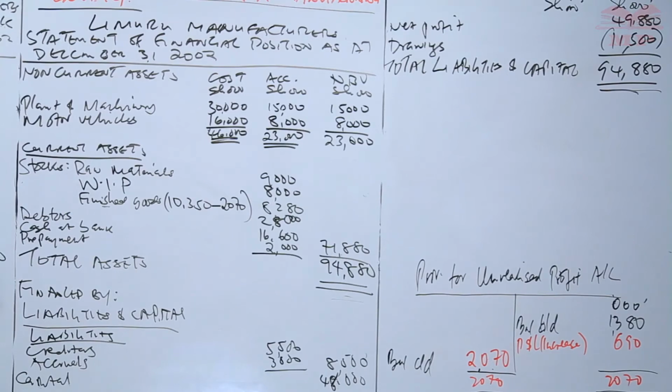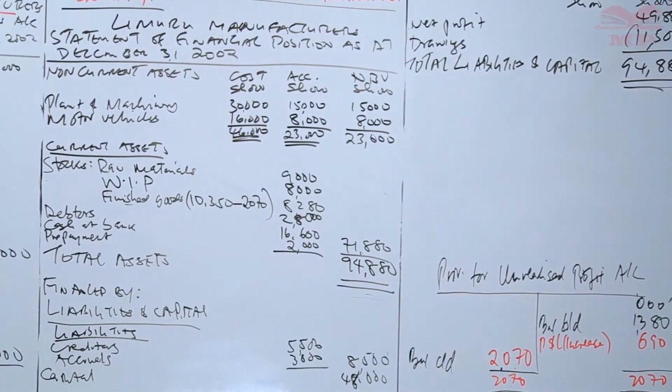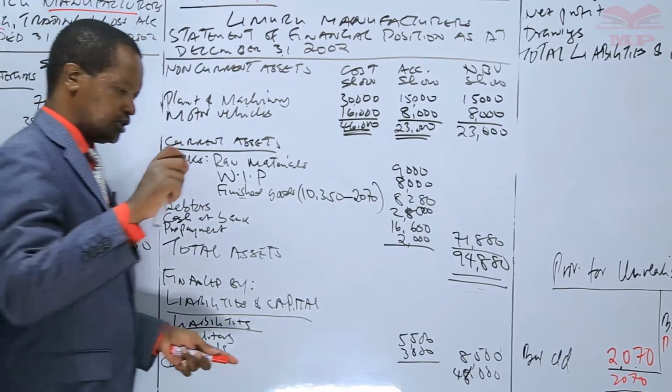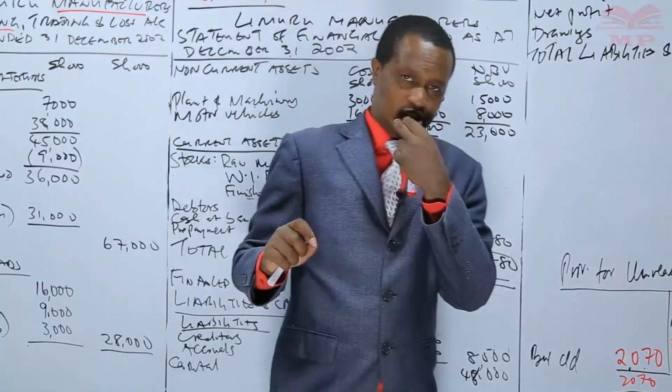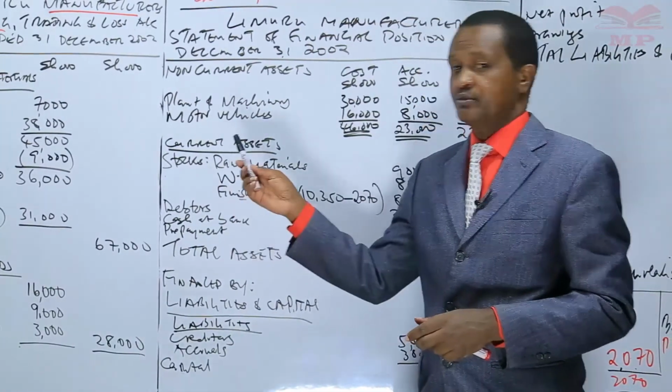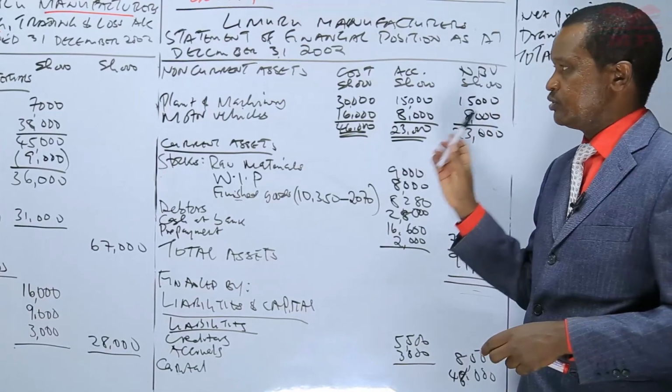So candidates, we've come to the end of today's lesson, where we learned how to treat the unrealized profit in the accounts of a manufacturing entity. We saw that the unrealized profit affects both the income statement and the statement of financial position.